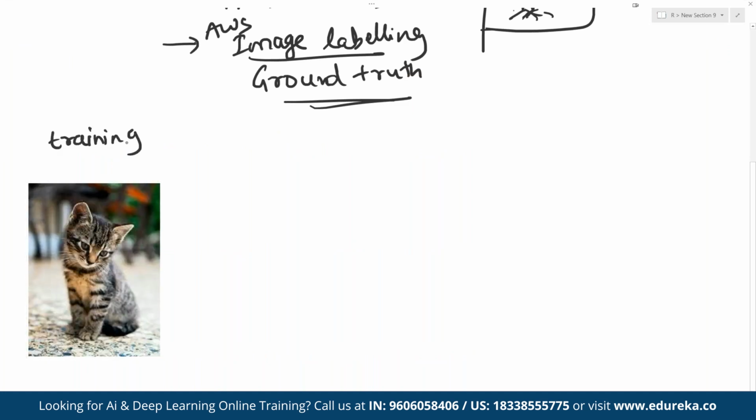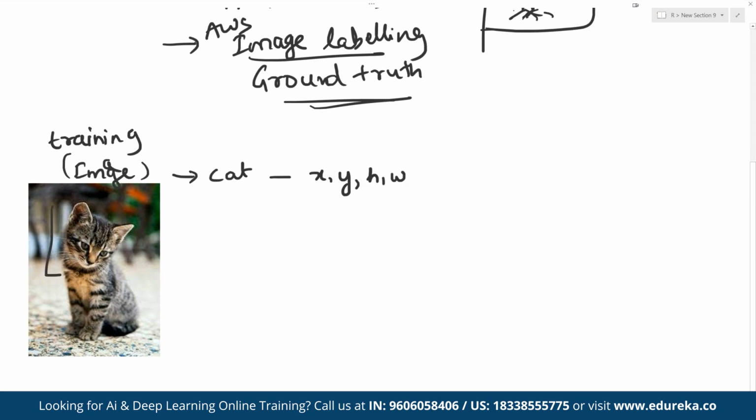will have the image. Along with this image, I want to have what is present in the given image, an example can be cat. And I also have to have the bounding box coordinates, which say where exactly the cat is present. An example can be x comma y comma h comma w.